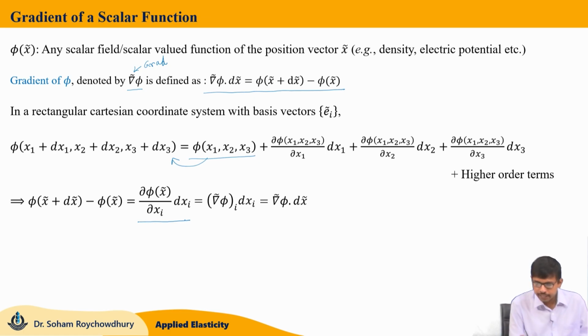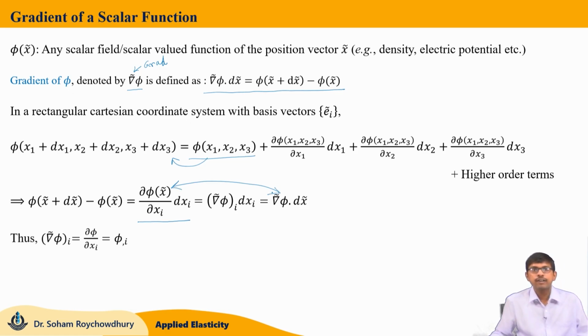So, comparing this, grad phi and del phi del xi, we can write that the ith component of grad phi is del phi del xi, which is the derivative of phi with respect to xi.